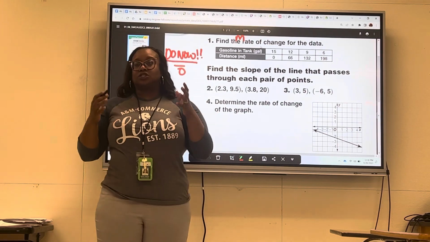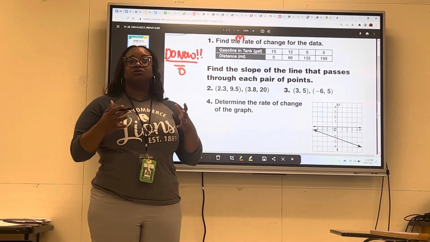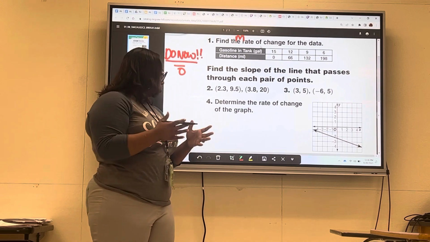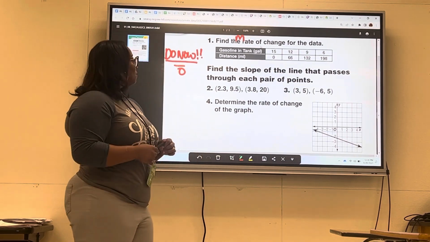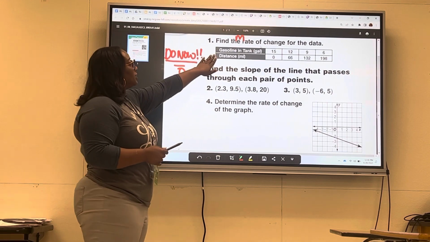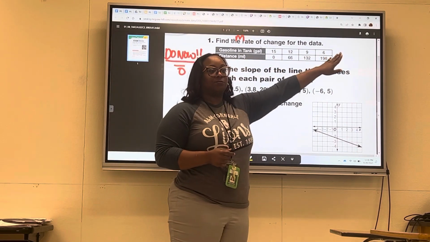Now when I'm finding the slope for this table, I can use lists and spreadsheets in my calculator. I can plug this entire table into lists and spreadsheets.